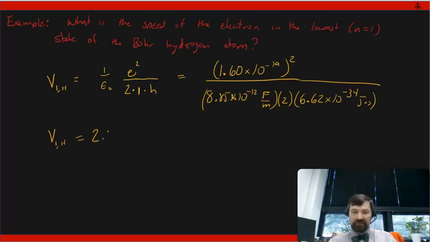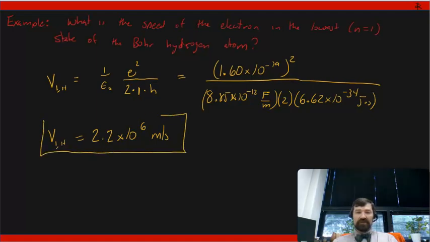So let's call this 2.2 times, so that is already times 10 to the negative 2. We've got 10 to the 19 squared, so that's 10 to the negative 38 plus 2 is negative 36. Minus 12 means we're at 10 to the negative 28, and then minus another 34 means we're looking at about 10 to the 6th meters per second.